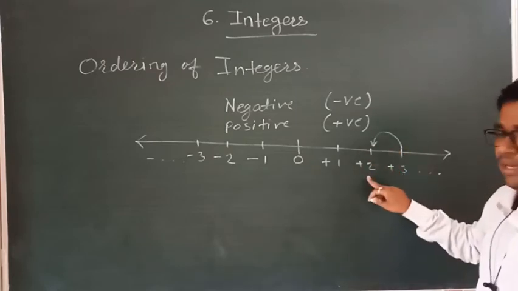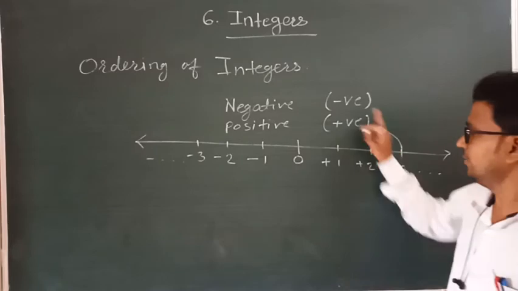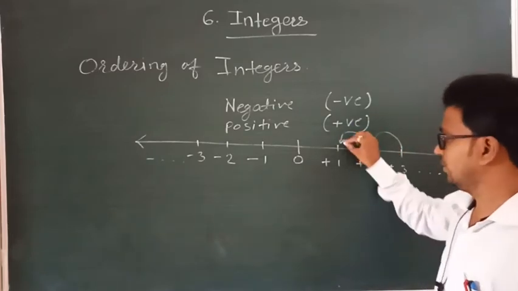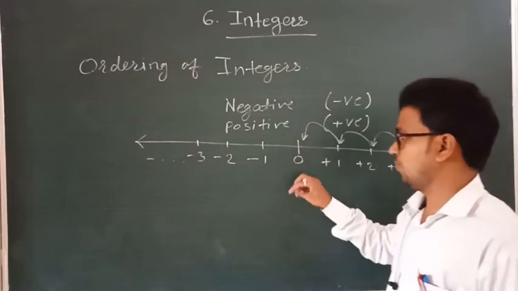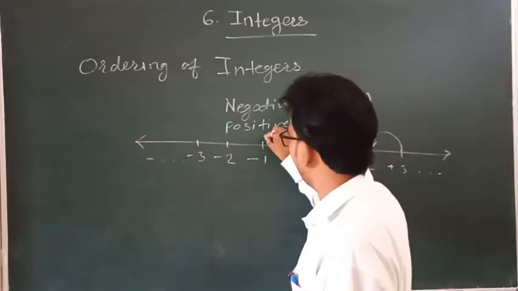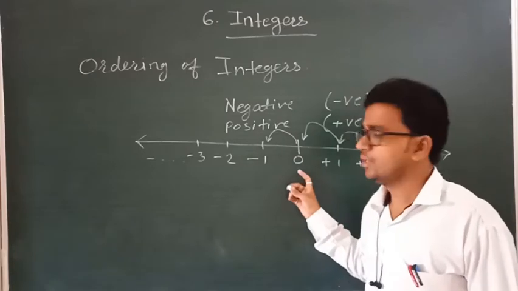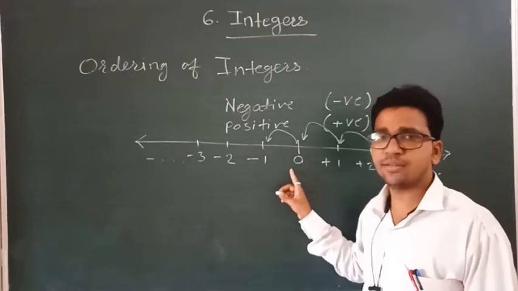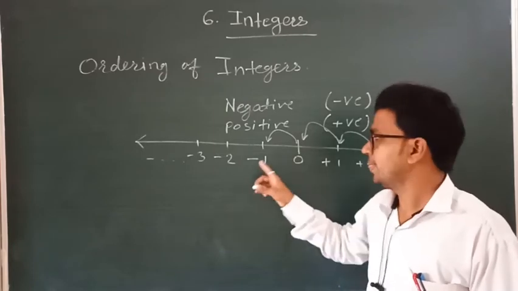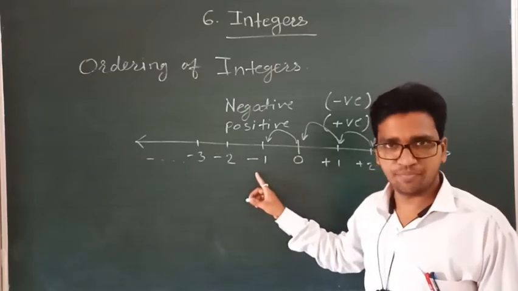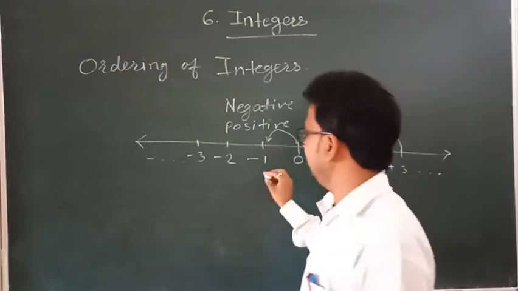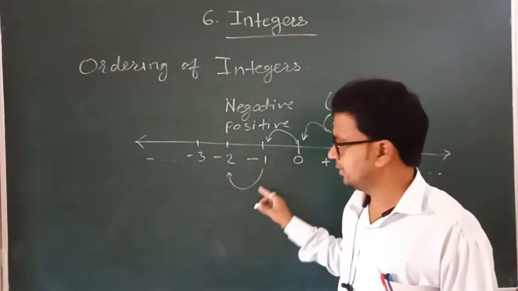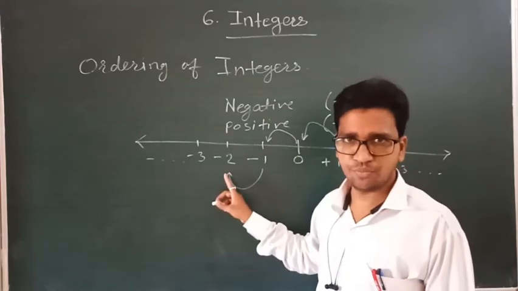3, then less 1 is 2. Then 2 less 1 is 1. Then 1 less 1 is 0. And if we subtract 1 from 0, we get negative 1. Same, if we subtract 1 from negative 1, we get negative 2.